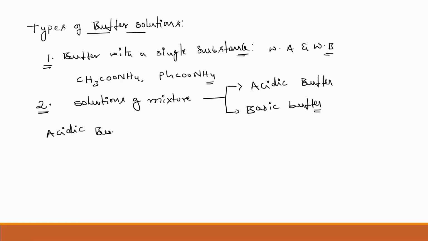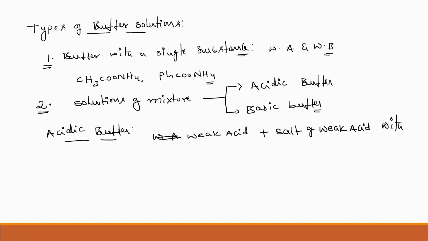So what is meant by an acidic buffer? An acidic buffer is a combination of a weak acid plus a salt of the weak acid with a strong base.